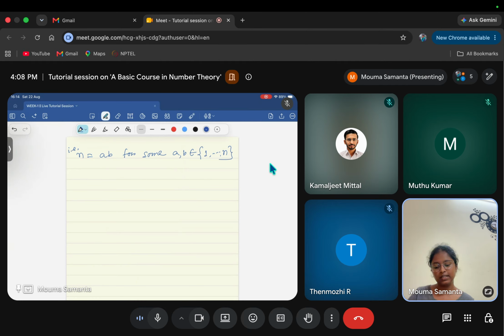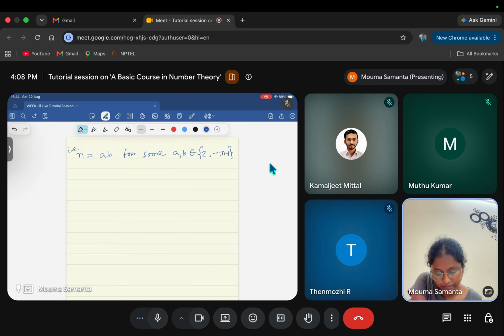Now see, since n is a composite number, neither of a and b can be 1 or n, because composite number means n is the product of two integers which are not equal to 1 or n. So we can eliminate 1 and n from this set, and we can write a, b belong to the set 2 up to n minus 1.